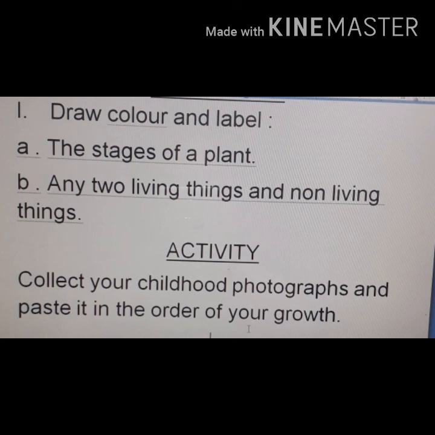It is to draw, color and label. Number 1, the stages of a plant, and the second one is any two living things and non-living things. Then the activity you have to do: collect your childhood photographs and paste them in the order of your growth.